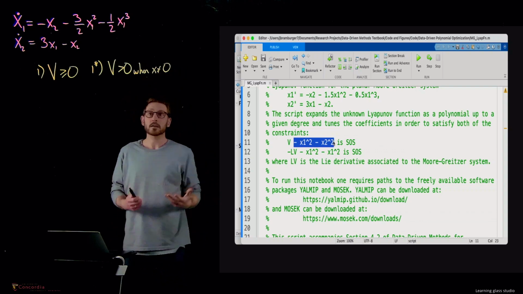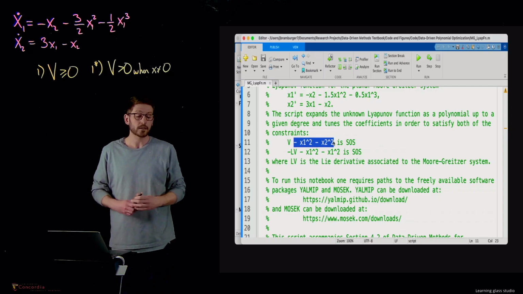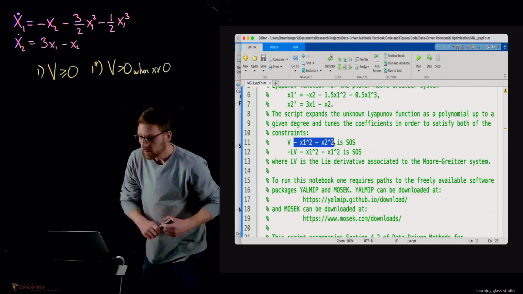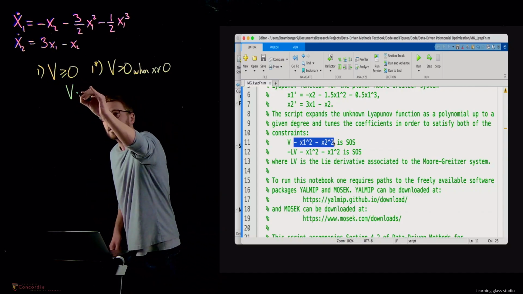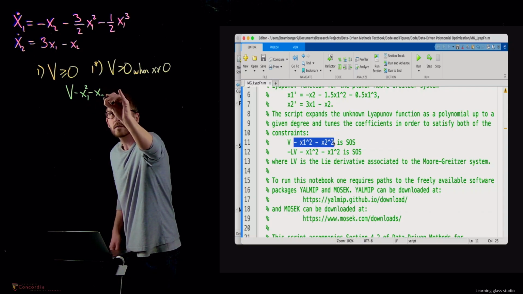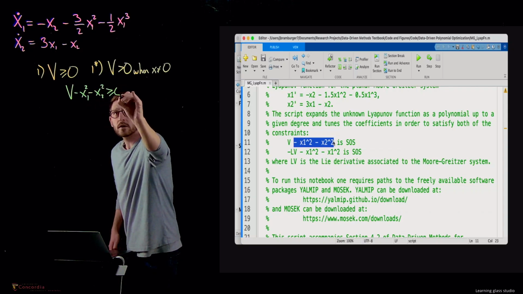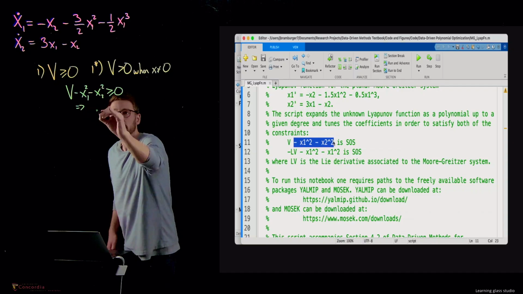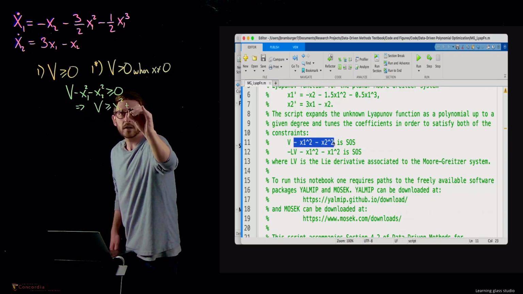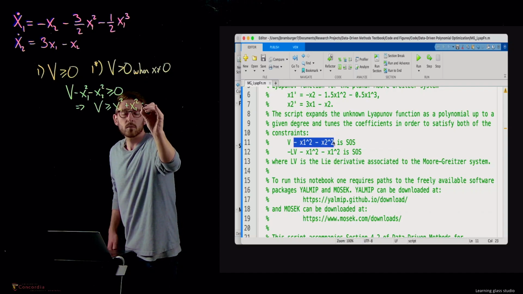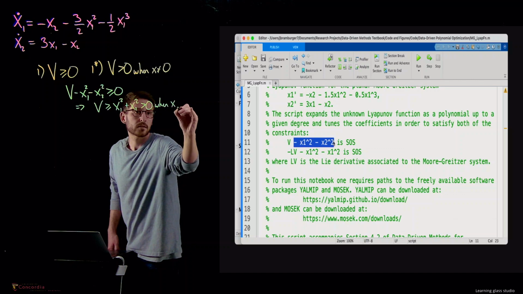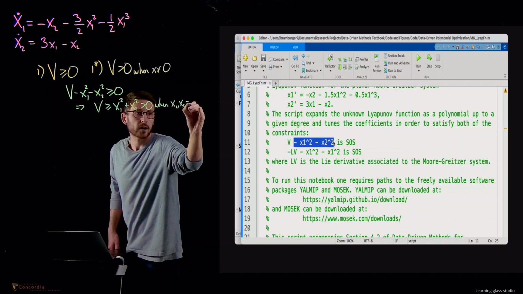Now, unfortunately, you can't deal with strict inequalities on the computer, but you can sort of fudge this a little bit. And the way that we do this is we say that v minus a function we know is strictly non-negative is greater than or equal to 0, which tells us that v is greater than or equal to x1 squared plus x2 squared, which is greater than 0 when x1 and x2 are not equal to 0.